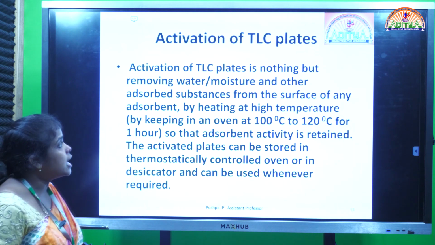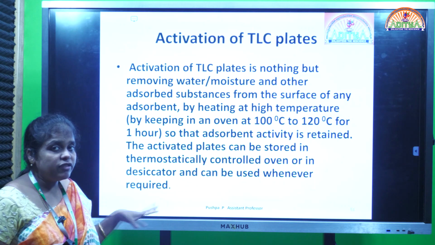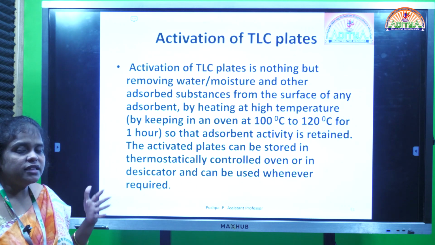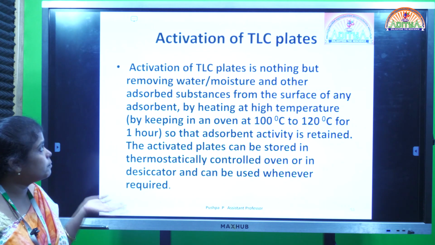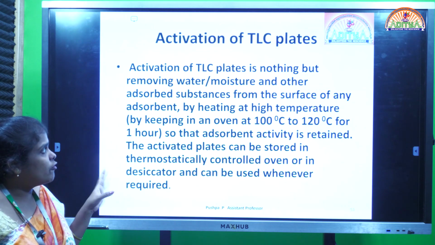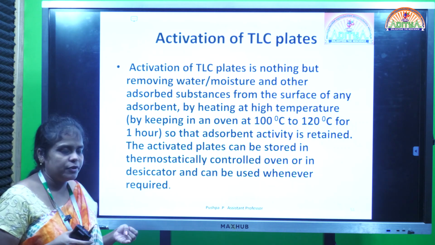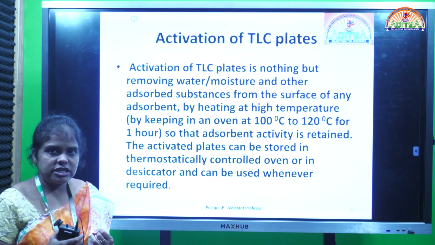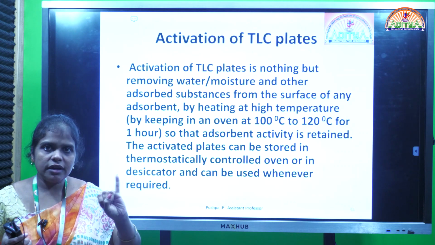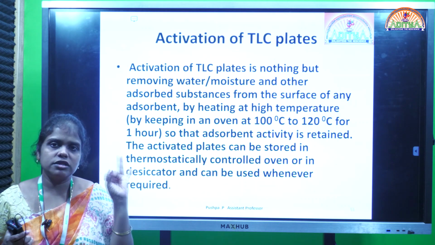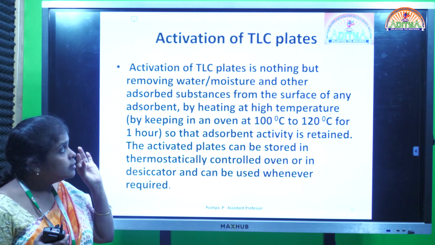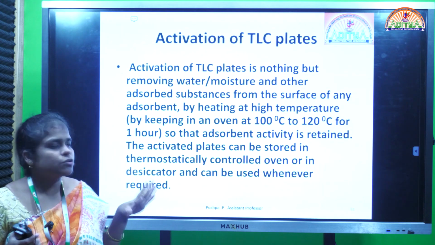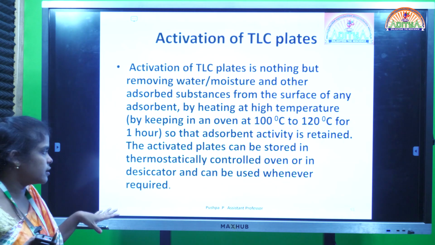Activation is nothing but removal of water or moisture content or any impurities from the plate with the applied slurry. We do the drying or activation of the TLC plate to remove the moisture content, to remove any air bubbles or water bubbles, and to remove any impurities present on the TLC plate. That is called the activation technique. Okay.